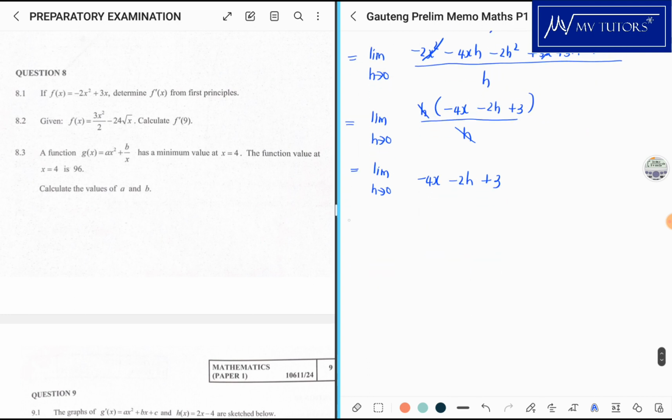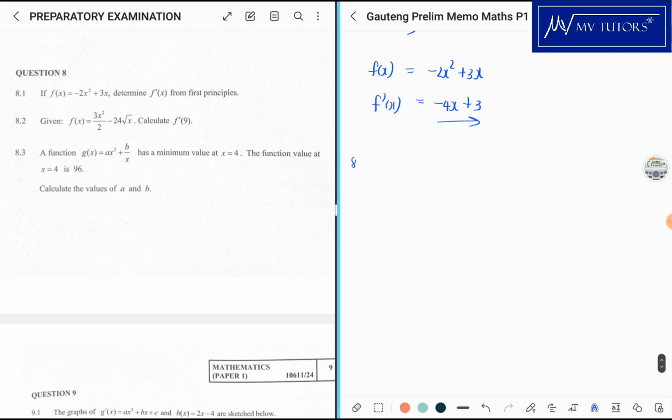If I substitute in 0 in the place of h, I'm left with negative 4x plus 3. This is so laborious. Now, this is how you check your answer: if f of x is negative 2x squared plus 3x and you use the power rule, you say negative 2 times 2, which is negative 4x. 2 minus 1 is just 1, but we don't put it there. And then plus 3. So that's the answer, and it works out.